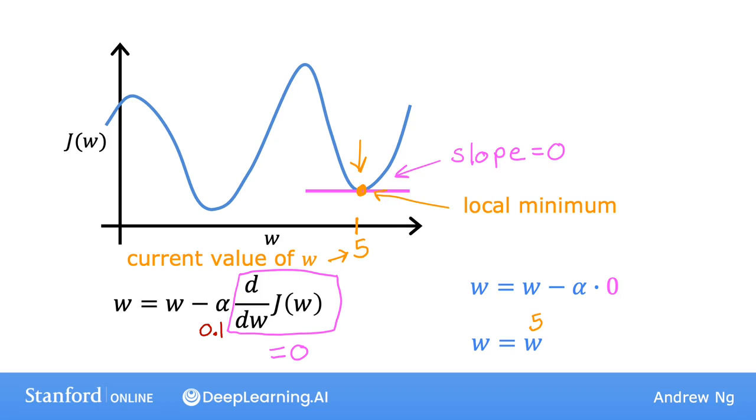After one iteration, you update w as w minus alpha times 0, and it is still equal to 5. So if your parameters have already brought you to a local minimum, then further gradient descent steps do absolutely nothing. It doesn't change the parameters, which is what you want, because it keeps the solution at that local minimum.